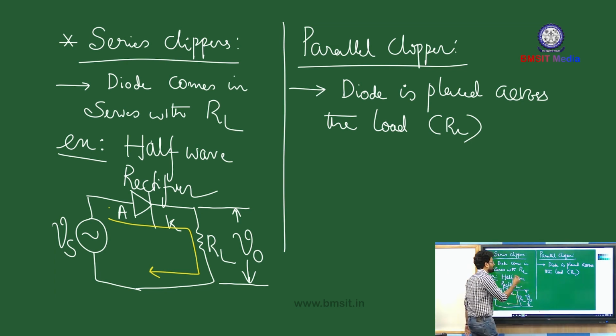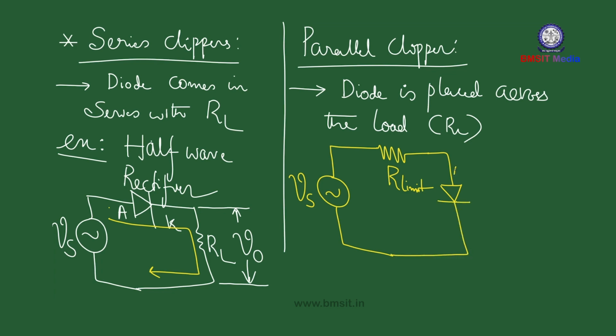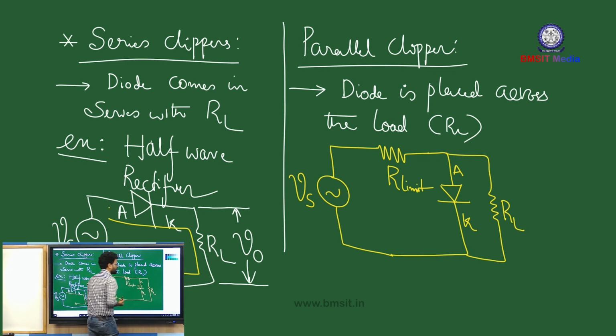Now let us look at the parallel clipper orientation. Source voltage. In case of a parallel clipper, we are going to use a current limiting resistor, let's write R limit, and then we are going to have the diode, so anode terminal and cathode terminal. Across the diode, you will find the load resistor Rn, and across the load, the output voltage is measured.